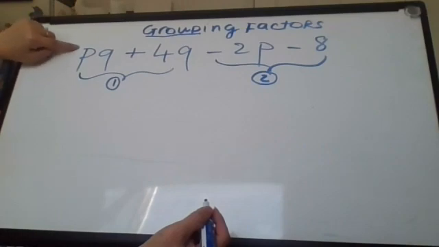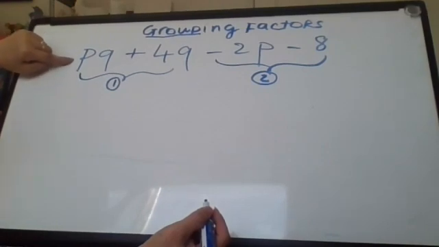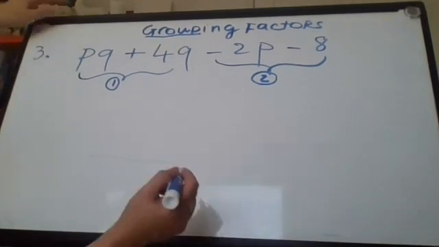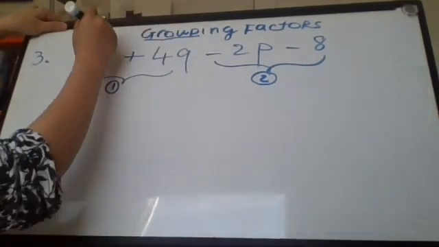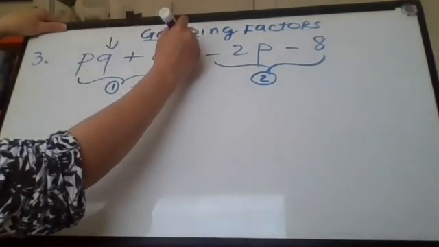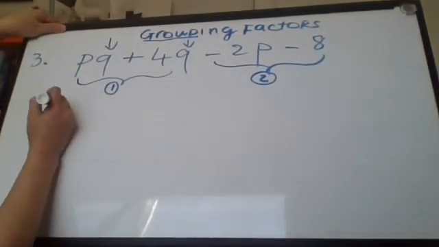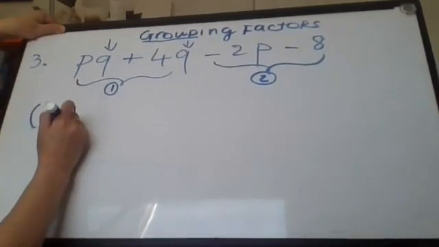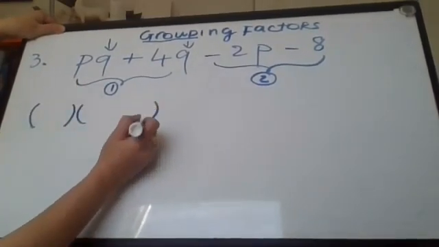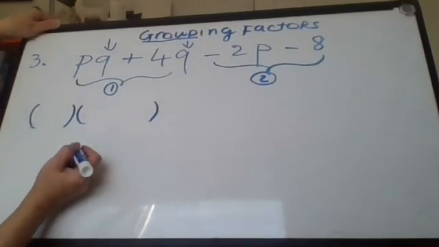Because that's the greatest common number you can have, 1. But for number 1, you don't need to write it. It doesn't matter, right? We know it's got to be 1. What about letters? We have p and q. We have q only in here. So the q turned out to be common, right? So the first group will factor into 2 brackets, right? 2 brackets.